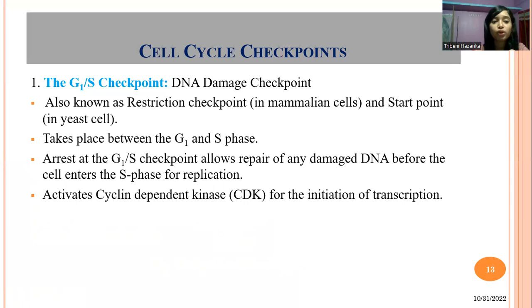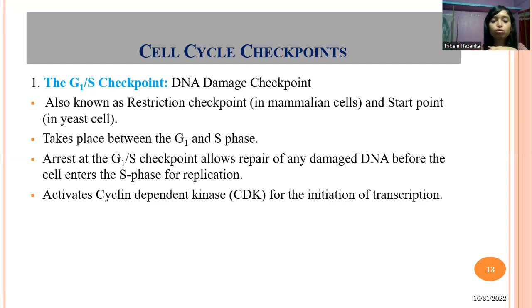This G1 checkpoint helps us to check whether all the preparations, such as enzymes, proteins, and ATP, are produced sufficiently or not. And it also checks if there is any damage to DNA, because in the next phase the DNA is going to replicate, and if there is any damaged DNA, the damaged DNA will replicate.